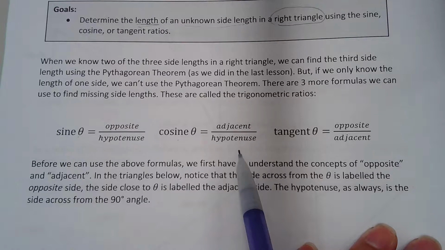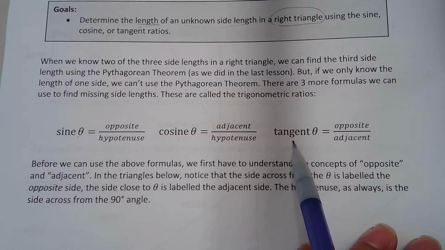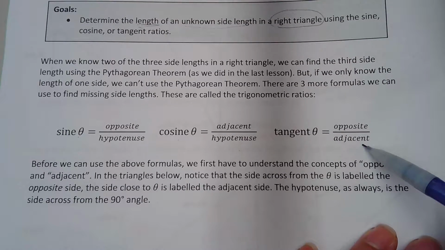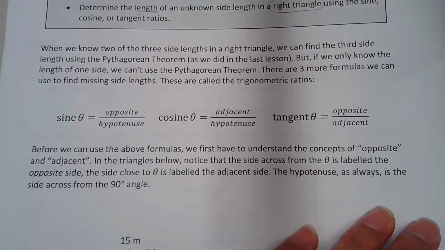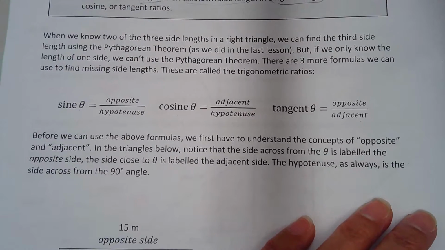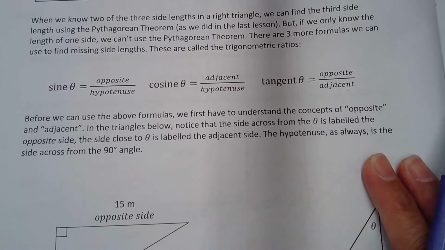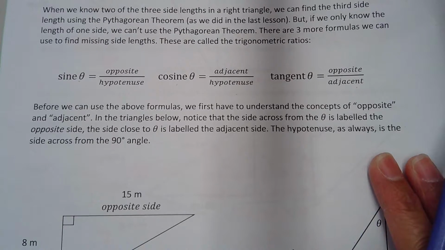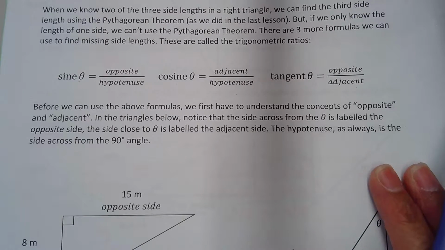And we'll talk about which one's adjacent, which one's hypotenuse. And then tangent theta, opposite over adjacent. So before we use the formula, we have to know which one's opposite, which one's hypotenuse, which one's adjacent.